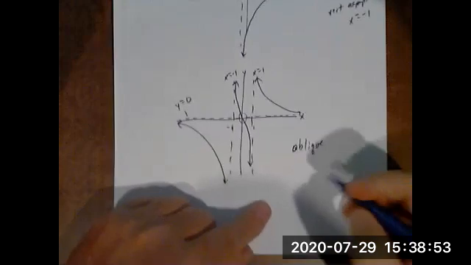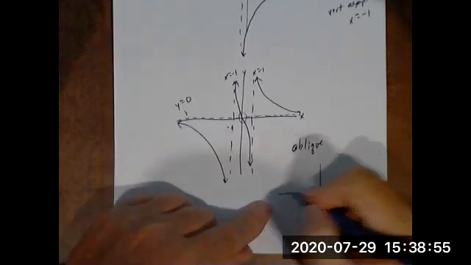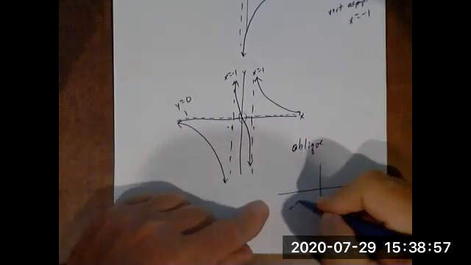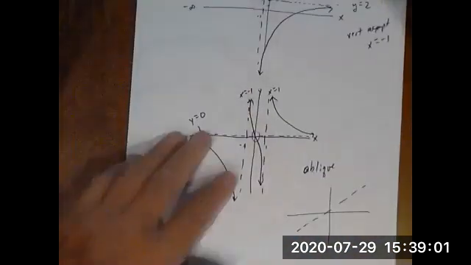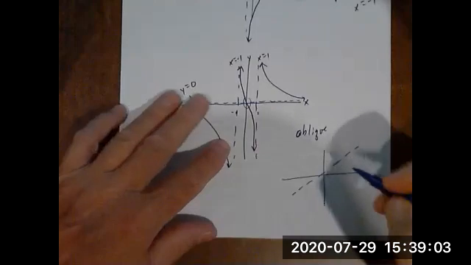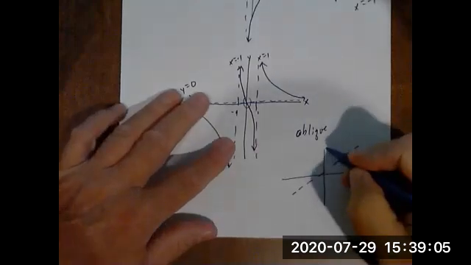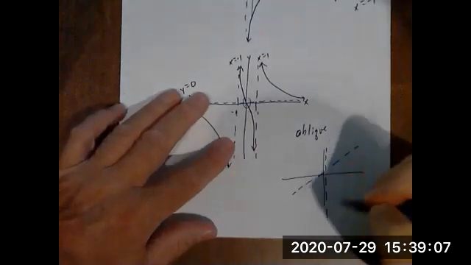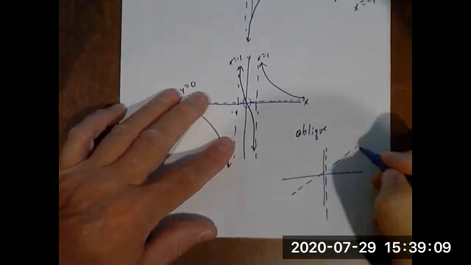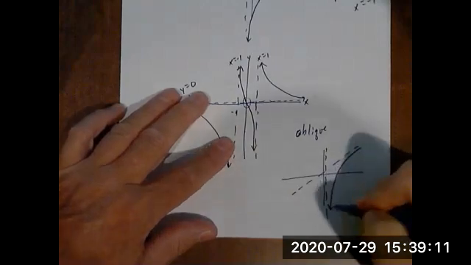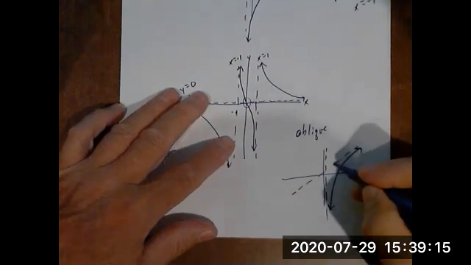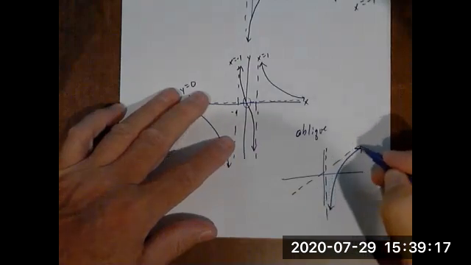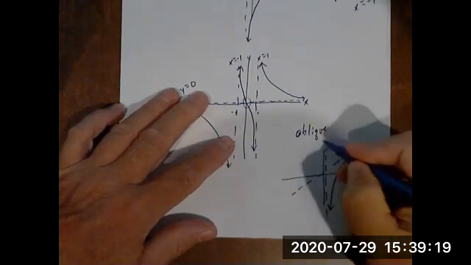An oblique asymptote is where there will be times where you have an asymptote that's sort of like at an angle. So maybe you would have 2 asymptotes like this. So what happens is the graph is going to track or be very close to this asymptote, but never touch it.